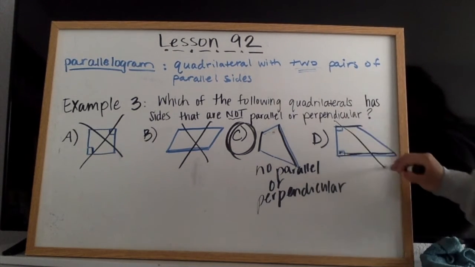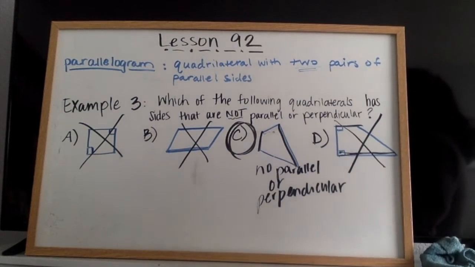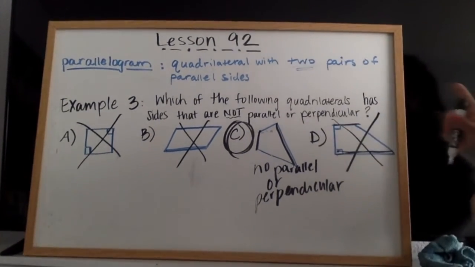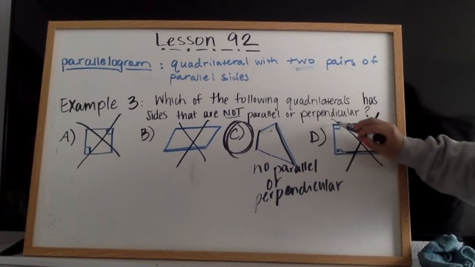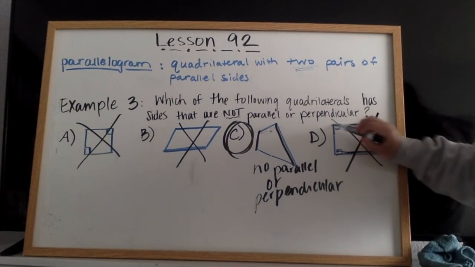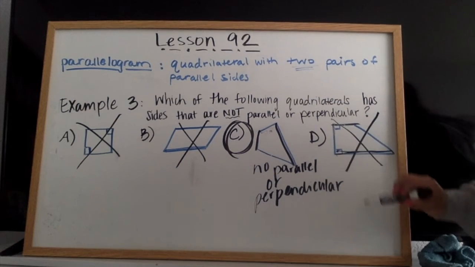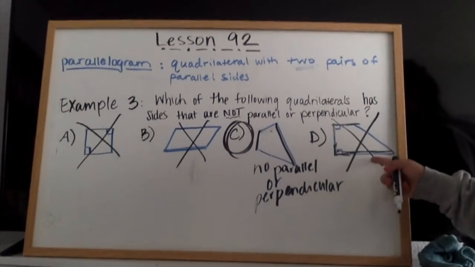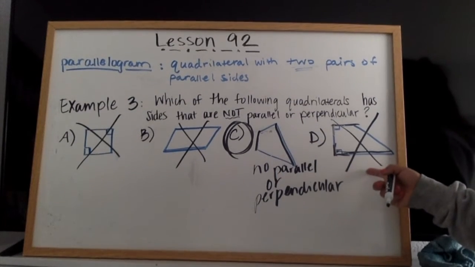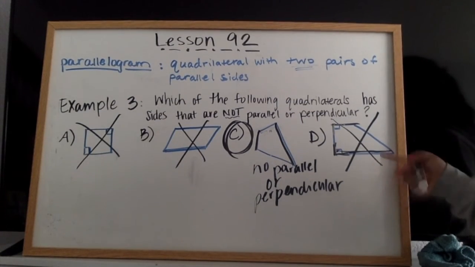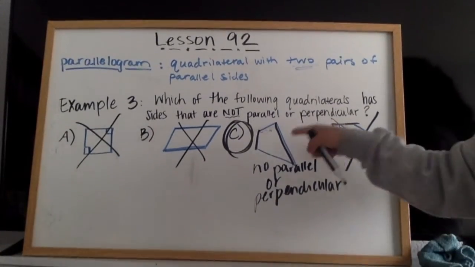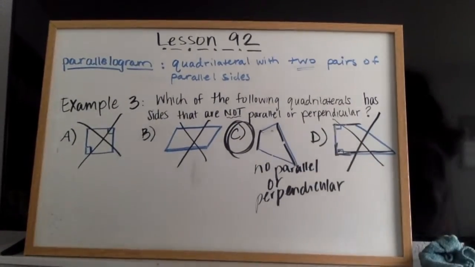It's not going to be D, but just to make sure, we check for perpendicular lines too. It makes a perfect L on the top left corner, and it makes a perfect L on the bottom left corner. So this one has both parallel and perpendicular lines, which is the opposite again of what they were asking. So in example 3, C is your answer.